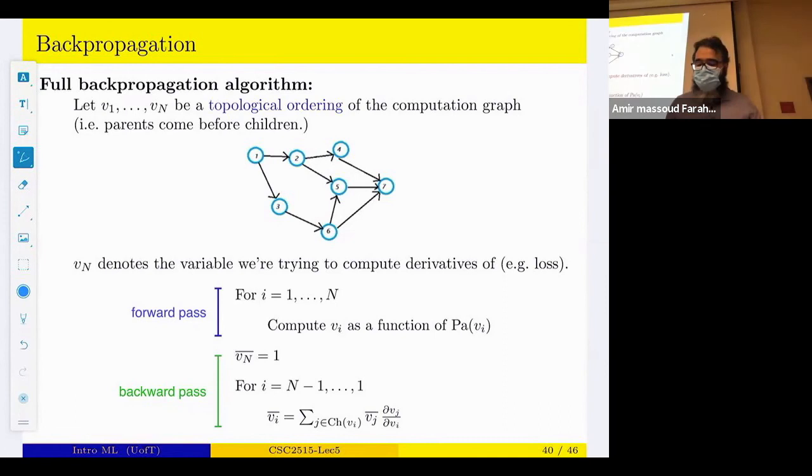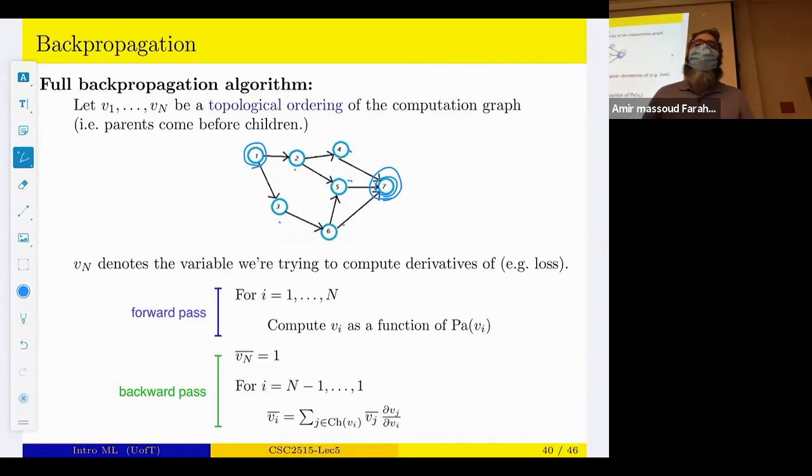So the backpropagation algorithm, just write it as a kind of algorithm, would look like this. Suppose we have a computation graph like this, where the input starts from node 1 and the output is node 7. Then we compute node 2, node 3, and then node 4, node 5 depends on node 2, and so on and so forth until the last unit, node 7, which depends on nodes 4, 5, 6.